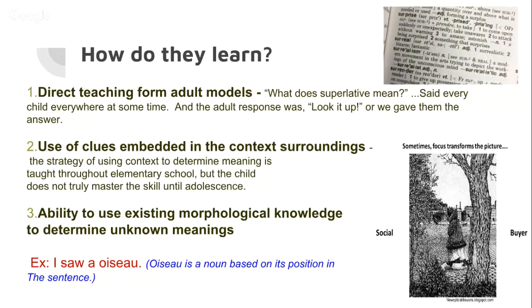For example, in this sentence, I saw a oiseau. I know oiseau is a noun based off of its position in the sentence, that it follows the article, even though I may not know what the word oiseau is. Based off of context, if I expanded that and I said, I saw a oiseau, it was sitting in the tree outside cooing. One of its feathers fell to the ground right below its nest.